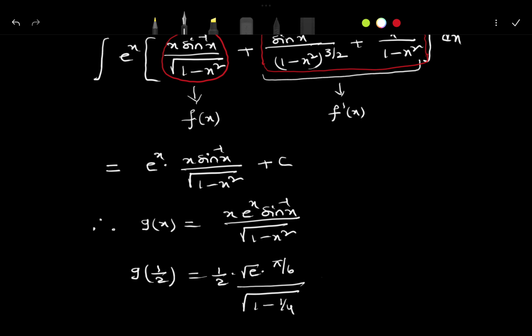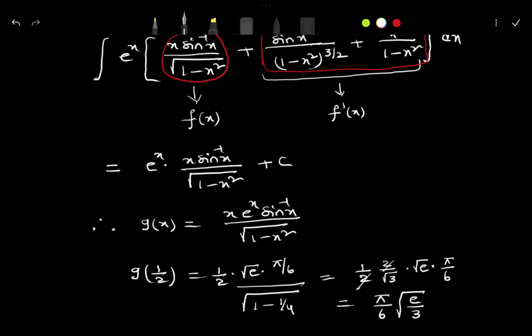This value will be equal to 1 by 2 into root e into pi by 6, divided by root of 1 minus 1 by 4, which is 3 by 4, so root 3 by 4. So the denominator you can write as root 3 by 2. The 2 and 2 will cancel, so it equals pi by 6 into square root of e by 3.